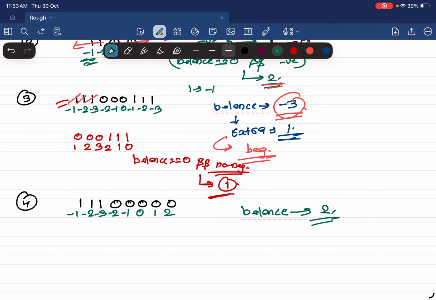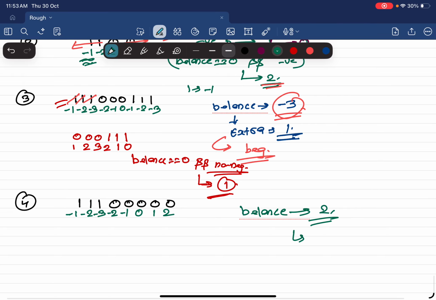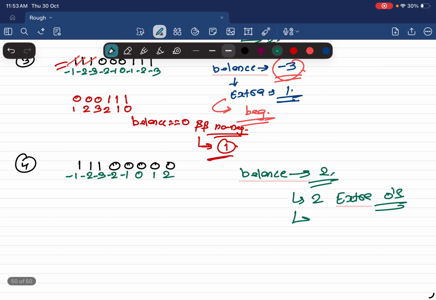If your balance is 2, you have 2 extra zeros. Can I say you will try to remove these extra zeros from the ending? Extra zeros would be fine at the front, but you have to remove them from the ending. So I will remove these 2 extra zeros, and you will get 1 1 1 0 0 0.